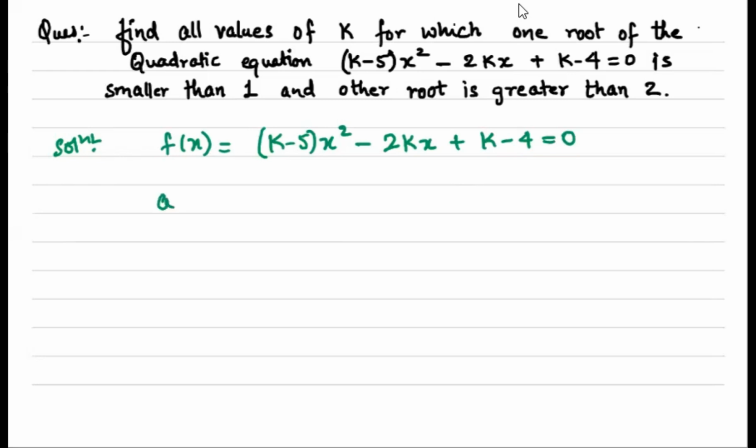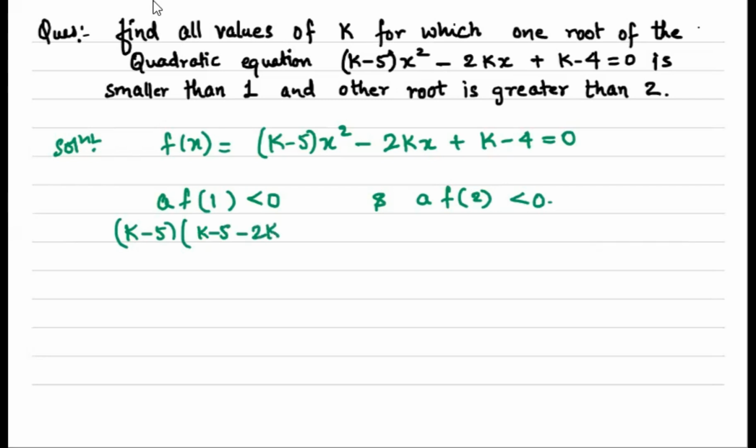So what are the conditions? A times f of k1 is less than 0, and a times f of k2 is less than 0. Let me plug in these values, k1 and k2. So this is 1 and this is 2. Now the leading coefficient A is k minus 5, and then f of 1 is nothing but k minus 5 minus 2k plus k minus 4 is less than 0.